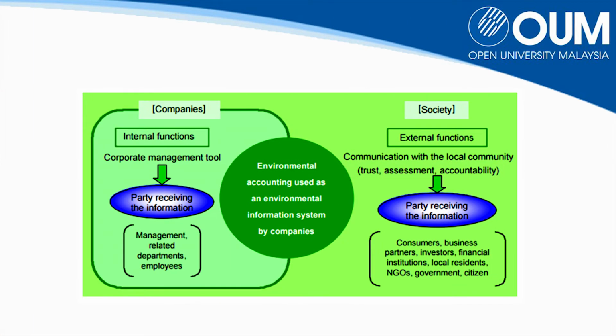As shown in the slide, environmental accounting is used as an environmental information system to make it possible to manage environmental conservation costs and analyze the costs of environmental conservation activities versus the benefit obtained, and promotes effective and efficient environmental conservation activities through suitable decision-making for an organization.